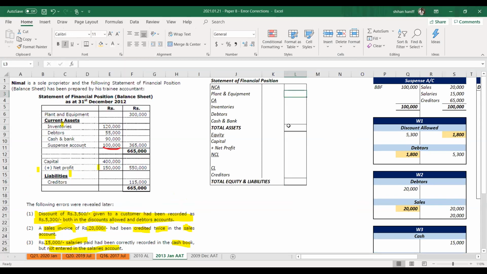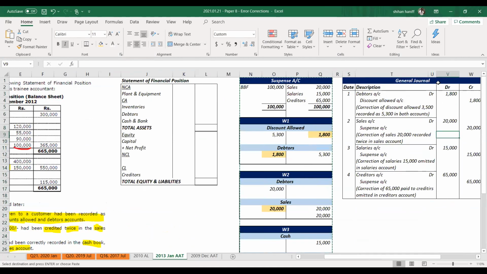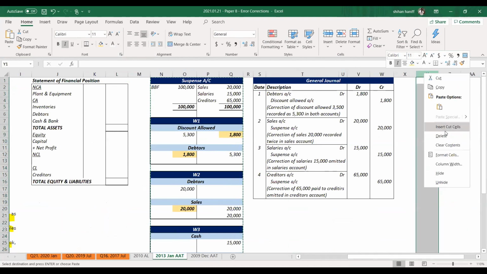Right. So we can see what are the accounts which affect the statement of financial position.